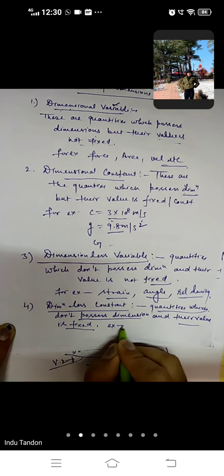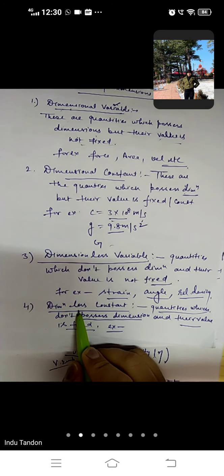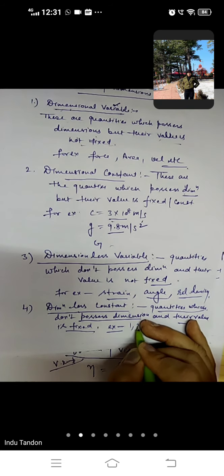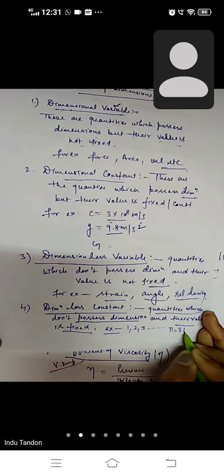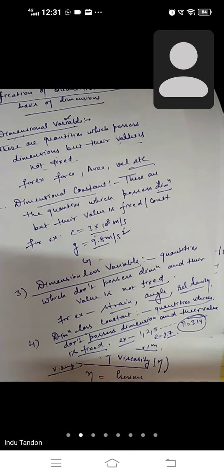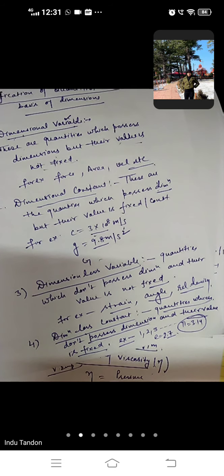In this you will take examples that have neither dimensions nor variable value. All the numbers, integers, whole numbers: 1, 2, 3 and so on. You can take pi, 3.14, exponential function, 2.7. Do you know exponential function? No, ma'am.